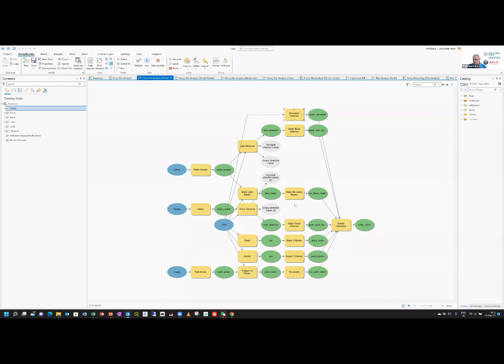So in the end, we get rasters that we can overlay to calculate our final result, meaning what we have is everywhere where the criterion is satisfied, we will have a raster cell with a value of 1, and everywhere where the criterion is not okay, there will be a 0.